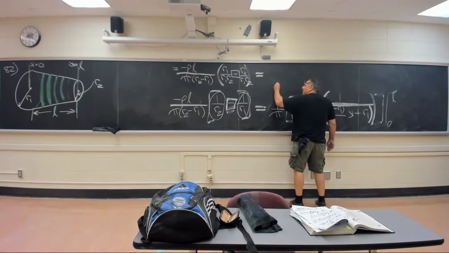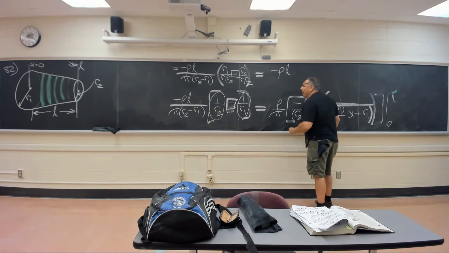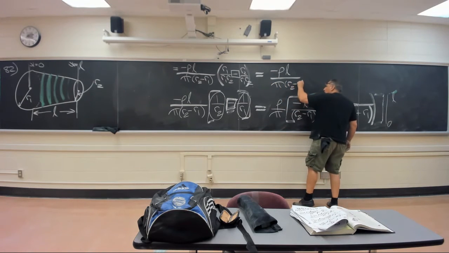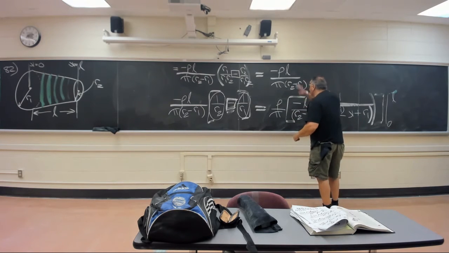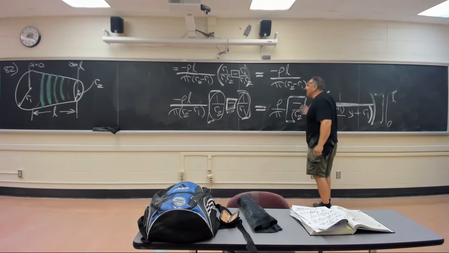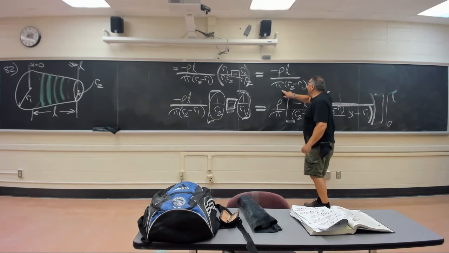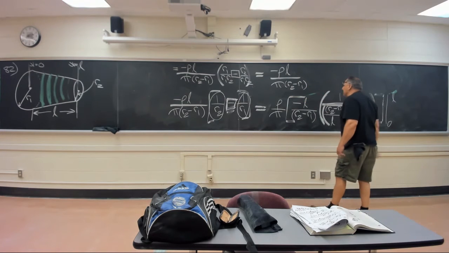What's going on here? Well, what we get is negative rho L. That's small, that's big. Both positive. Everything's positive in here. The subtractions and the negatives that we're throwing in front are making things negative. But rho L, pi, R2, R1, they're all positive.